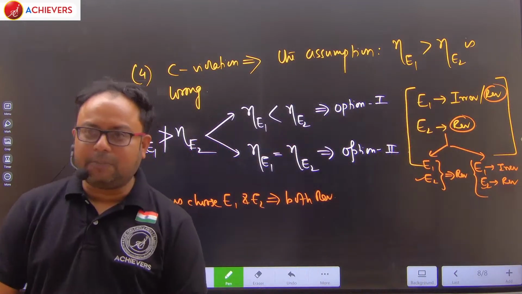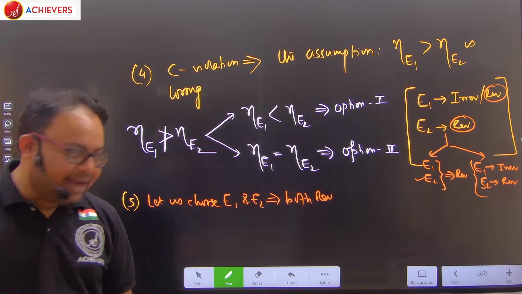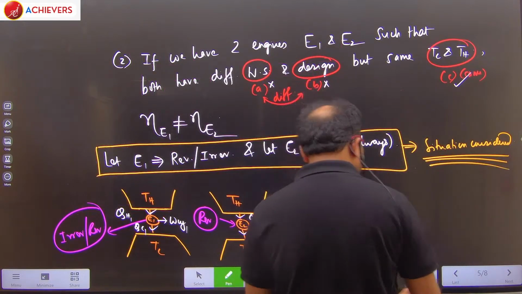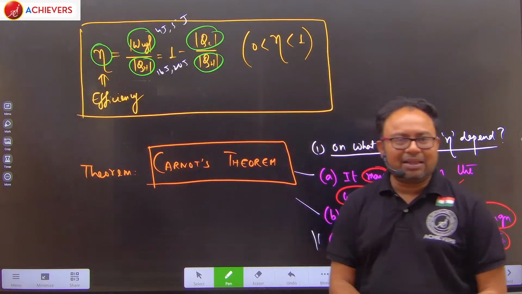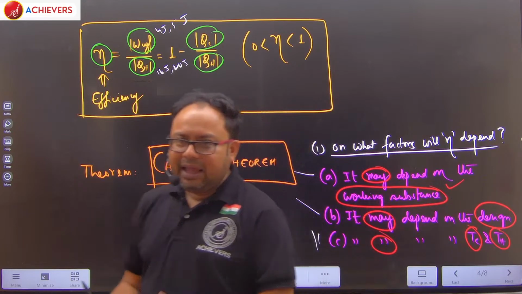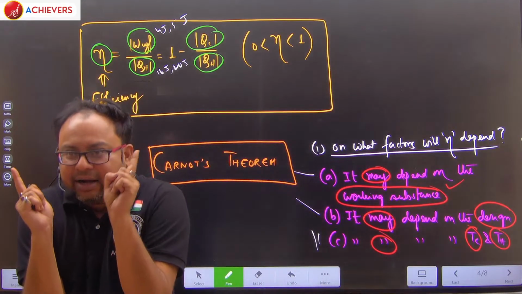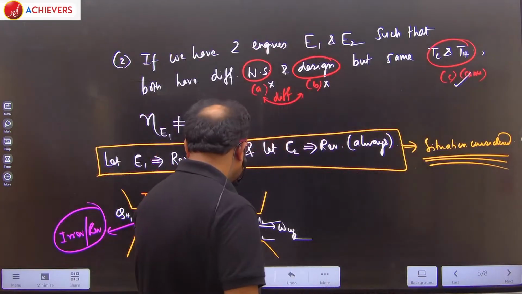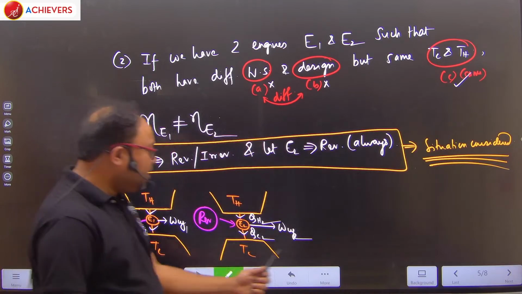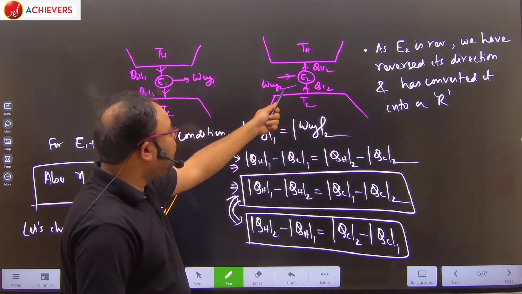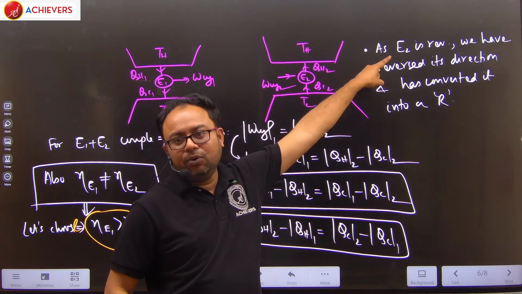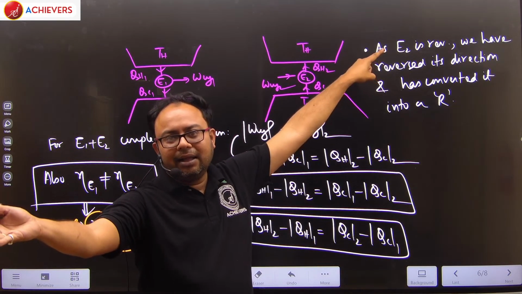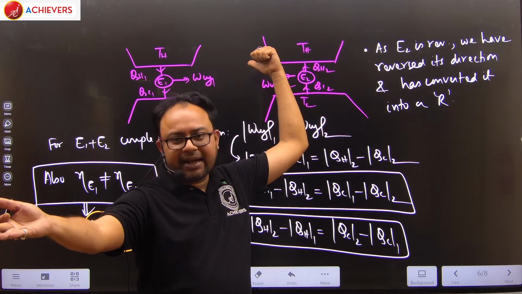Then we can do a very trivial mathematics over here. If both E1 and E2 are simultaneously reversible, then what we can do? Here you see, we have reversed the direction of E2 and transferred it into a refrigerator and coupled it with E1, which is acting as an engine.